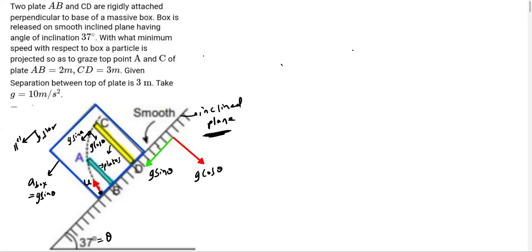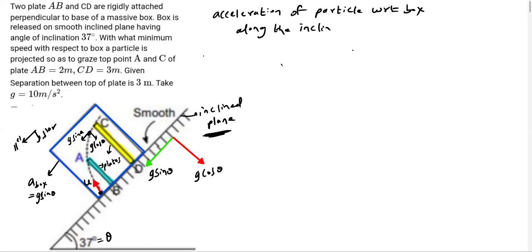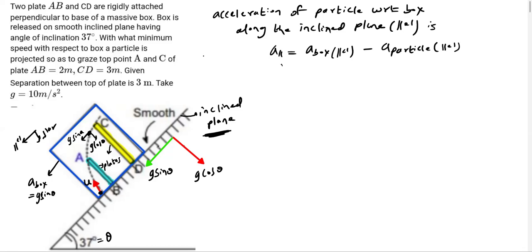What is the acceleration of the particle with respect to the box along the incline? We'll write it here: acceleration of particle with respect to box along the inclined plane, in this parallel direction, is acceleration of box minus acceleration of particle along the incline.